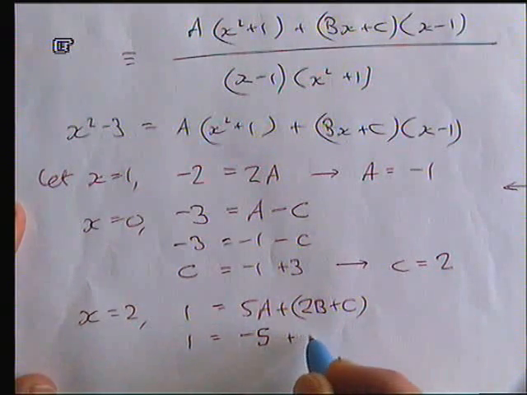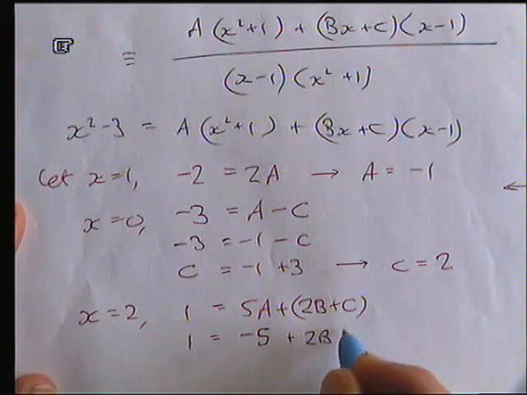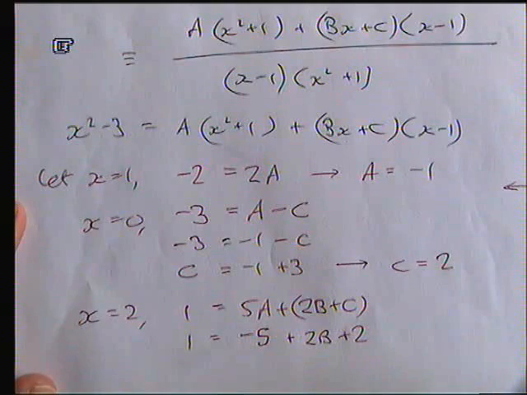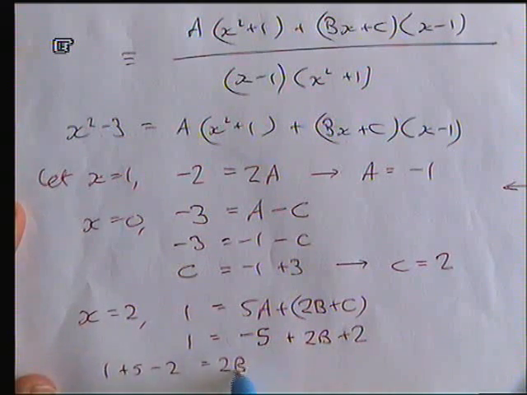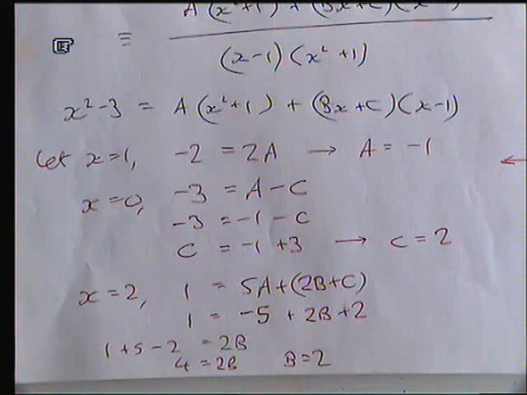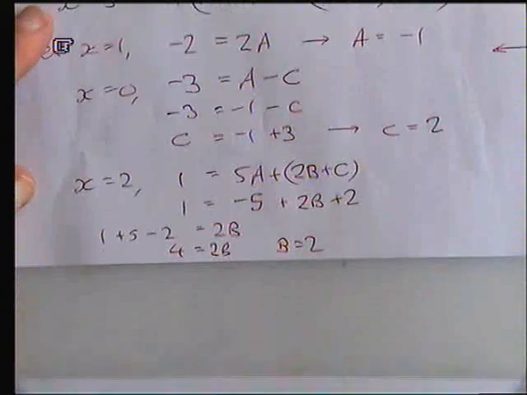And I know that c is 2. And then it's just a case of shuffling stuff around. I think I've found out what my b is. We all happy with that value?